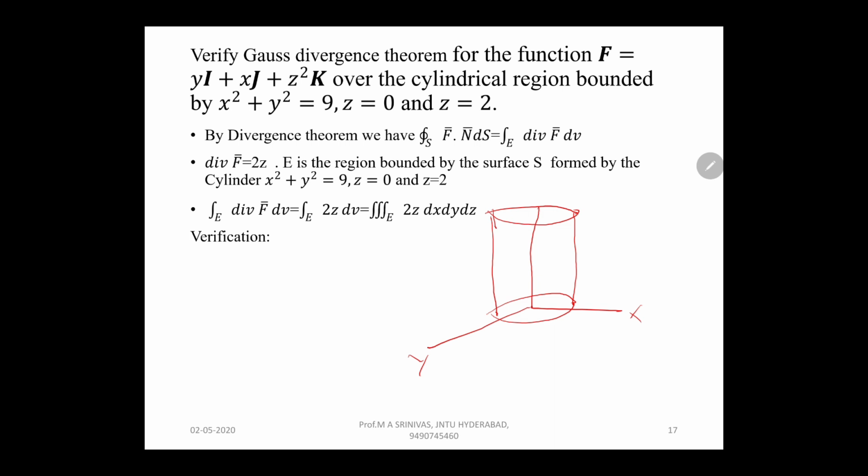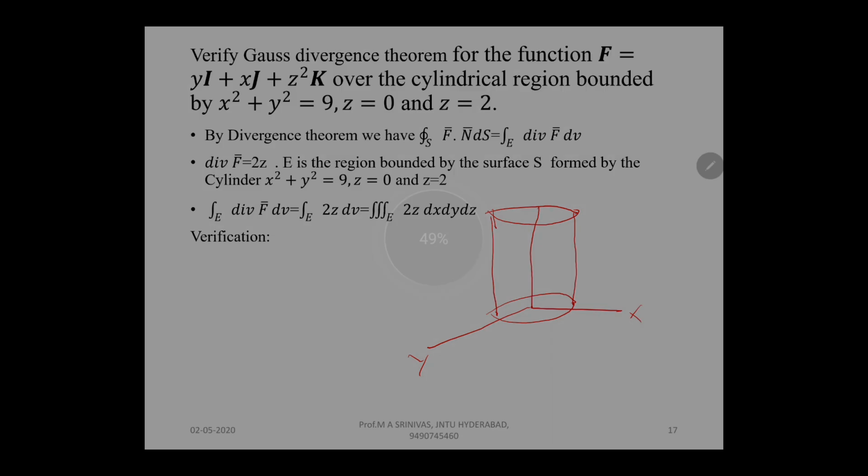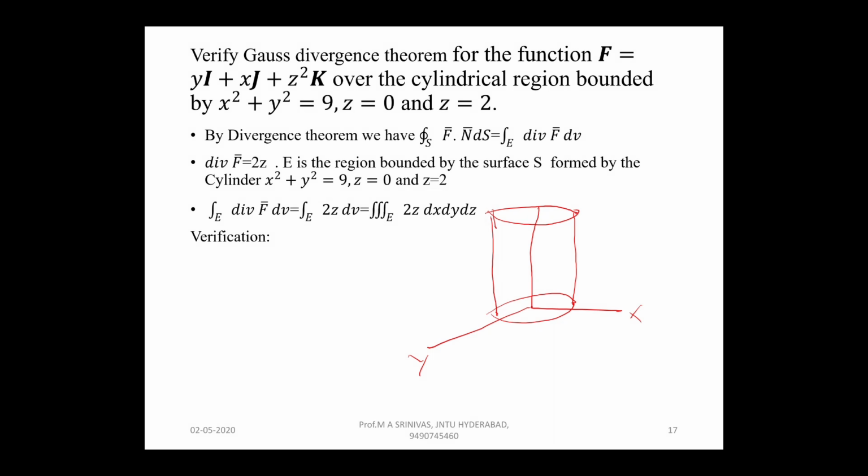But here he has given z is equal to 0, which is the xy plane, and another one is z is equal to 2. That means you have a plane here, z is equal to 2, and another plane here, z is equal to 0.